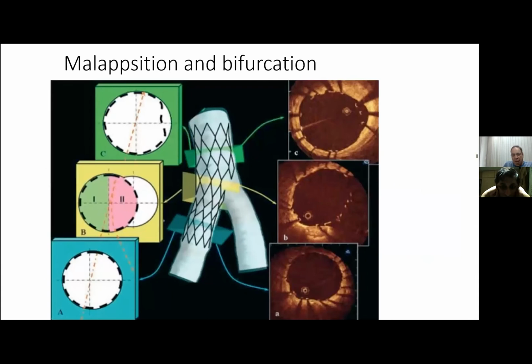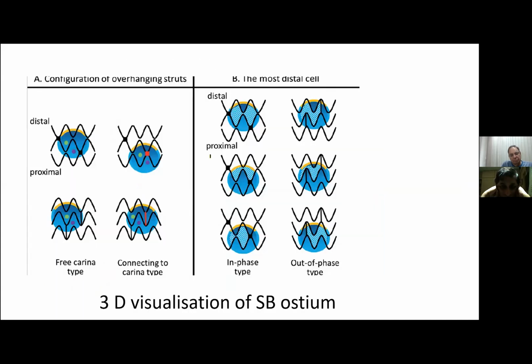So as I said, malapposition in the proximal vessel is important, leading to a mandatory use of POT before and after whatever you do. Now, another important point is that stents have different designs, have different types of carina. And where does a wire cross through which cell, distal cell, proximal cell, which part of the carina?